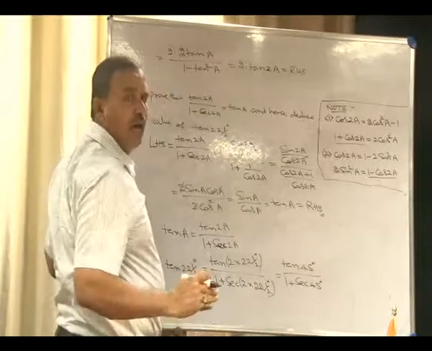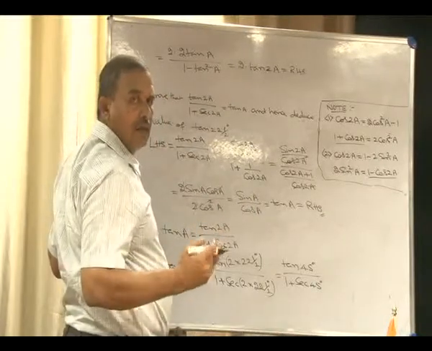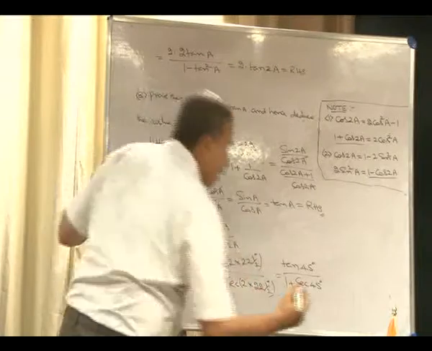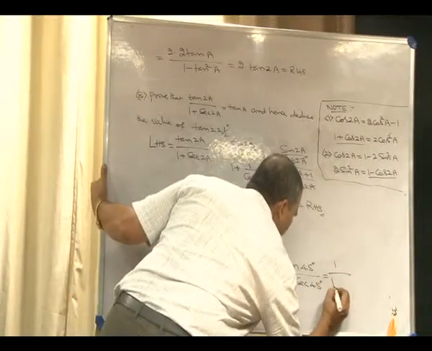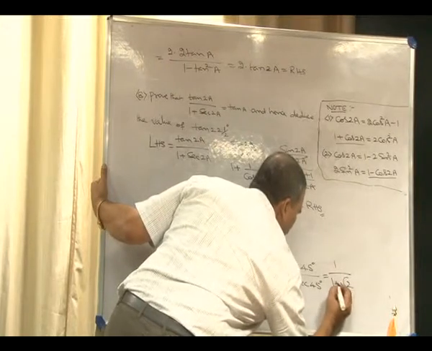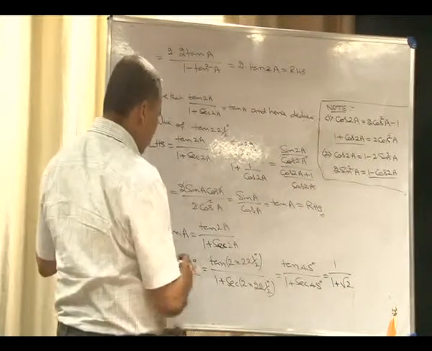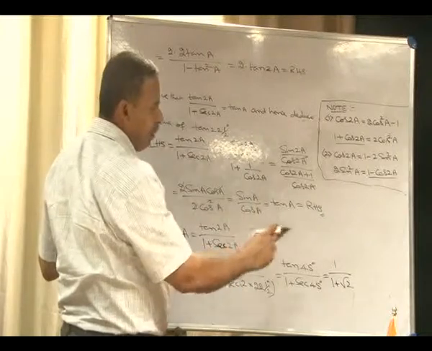The value of tan 45 is 1, secant 45 is root 2. So tan 22.5 degree is 1 over 1 plus root 2.